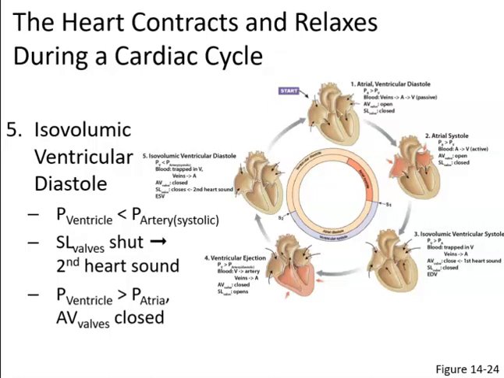So again, isovolumic ventricular diastole is a relaxation of the ventricles. Instead of generating pressure, we are reducing pressure, allowing for filling of the blood within the ventricles.